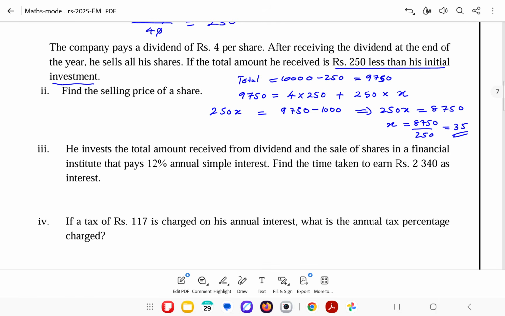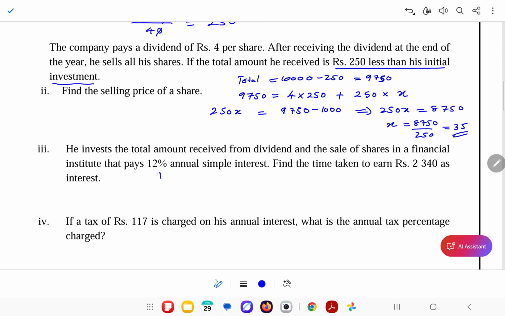Part 3 is what? He invests the total amount received from dividend and the sale of the shares in a financial institute that pays 12% annual simple interest. Find the time taken to earn rupees 2340 as interest.